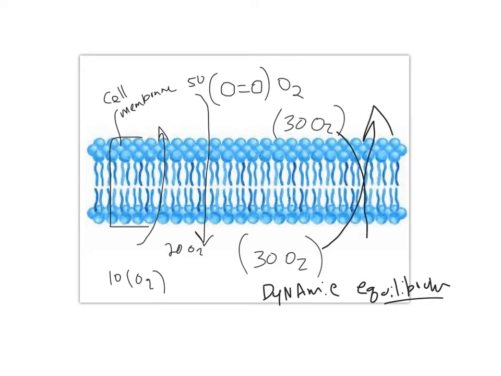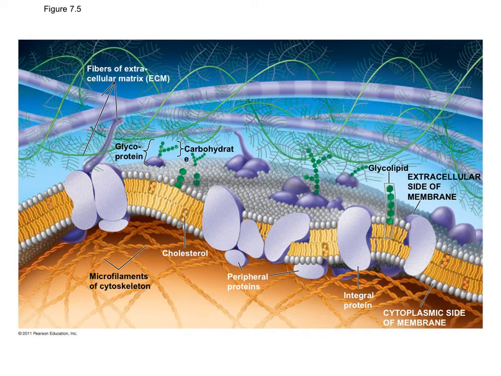So you will have particles continuing to move from one side to the other. It never becomes static in a case like this, but you just end up with roughly 30 oxygen molecules on each side. So that's dynamic.